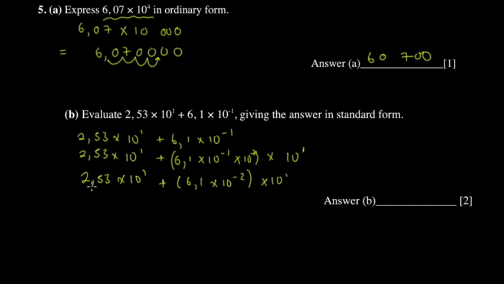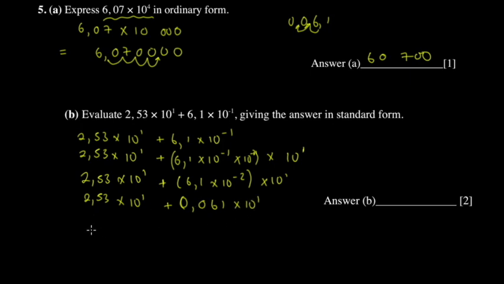So here you get 2.53 times 10 to the power 1 plus 0.061. You have 6.1 and you're simply moving the comma. Since it's negative, you move the comma to the left 2 times, so you get 0.061 times 10 to the power 1.